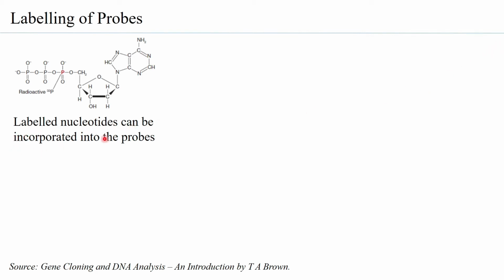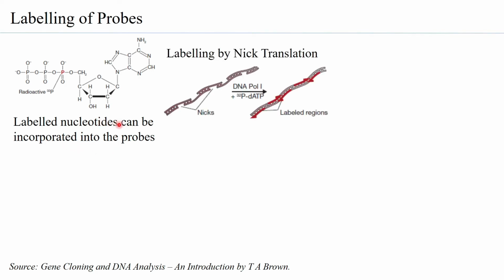So the labeled nucleotides can be incorporated into the probes, but how? One of the ways by which the labeling is done is by a method called nick translation. So nicks are gaps that are present in the DNA molecule. As you can see over here, wherever there is a nick, you would have a free 3' OH, and that 3' OH can be used by DNA pol 1 to synthesize or to fill the gap.